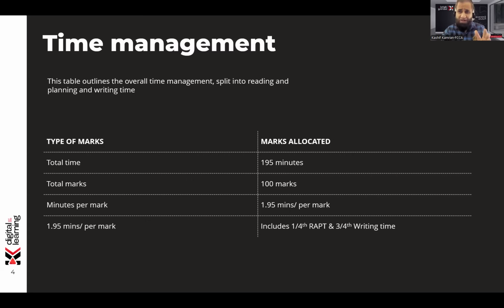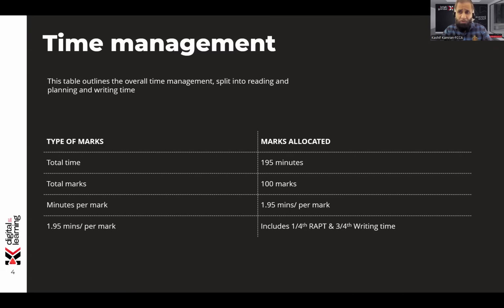Of that 70 minutes, one fourth is for reading and planning, and three-fourths is for writing. If I'm not wrong, one fourth of 70 will be something like 17 minutes, and the remaining 53 minutes you will be spending on writing the answer.